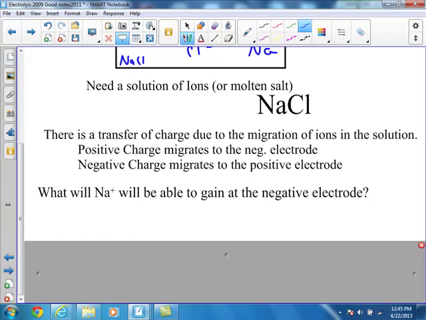So I'll have an Na+ ion that's going to gain an electron and become what? Na. So what is that, oxidation or reduction? Gaining of electrons, GER. LEO the lion goes GER. Gain of electrons is reduction, right? Yes. So this is reduction.